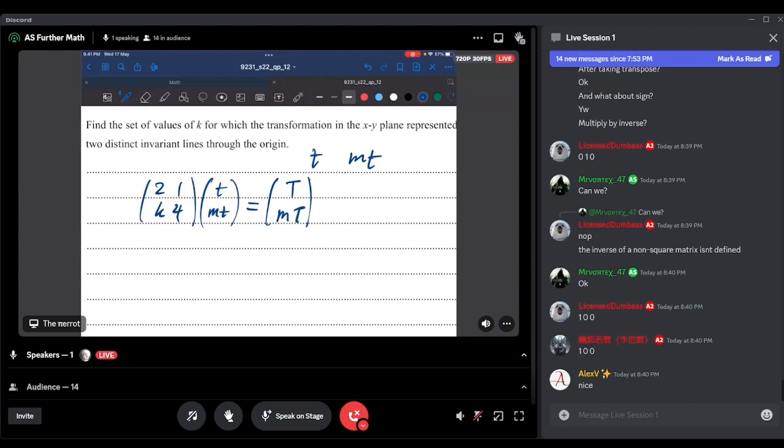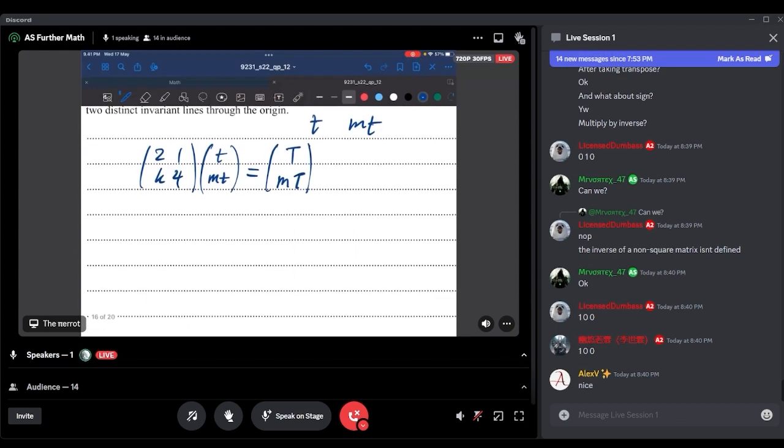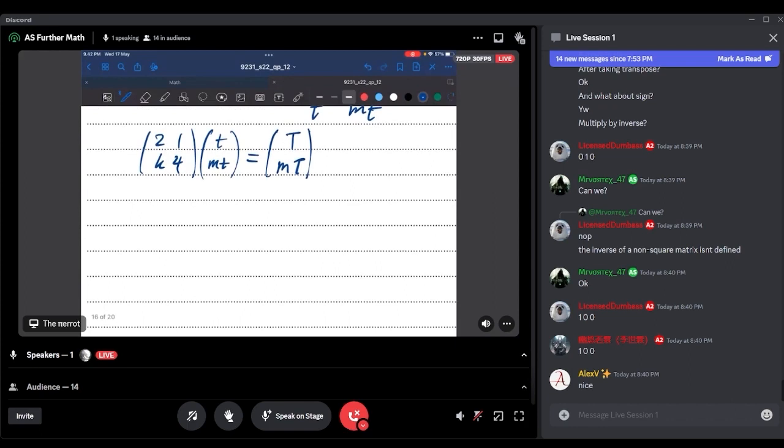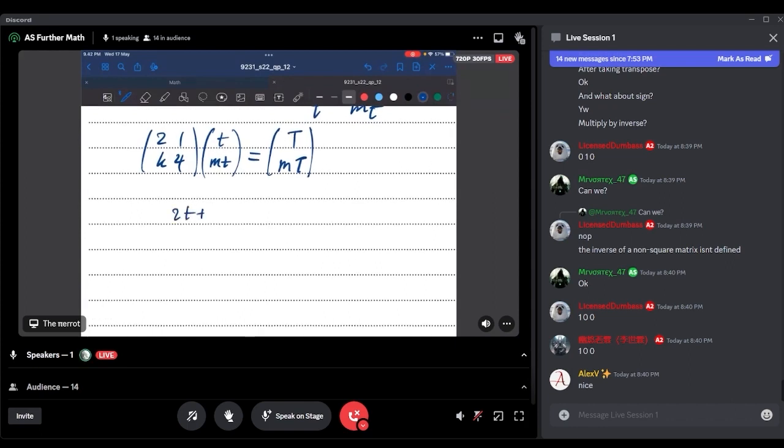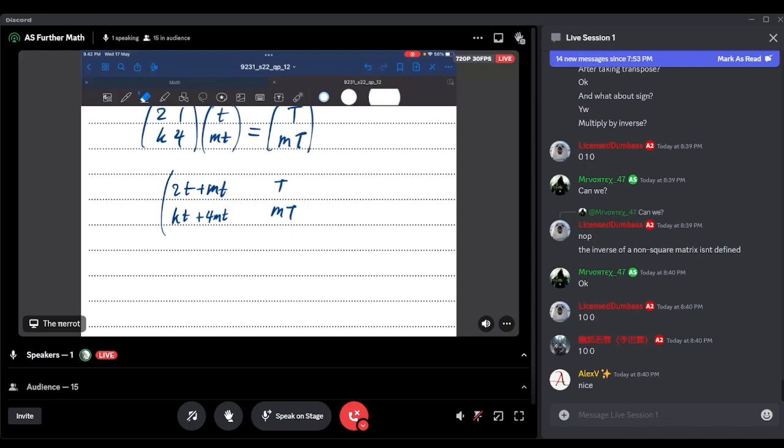Now we can multiply the left-hand side to get 2T plus MT as the top entry, and the bottom entry is KT plus 4MT. So you actually have a simultaneous equation here. I can remove the matrix and put an equal sign.